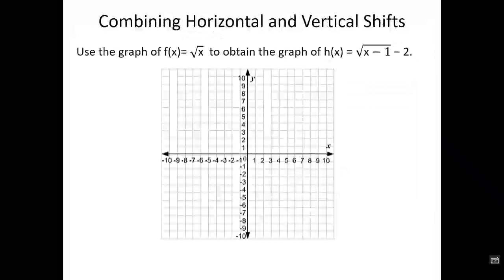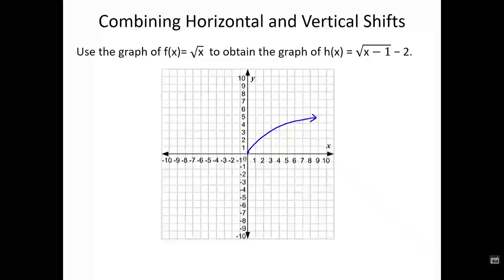In the next example, let's consider combining the two shifts, the horizontal and the vertical shift. So we have a graph where we will need to execute both a horizontal and a vertical shift. So of course, we're going to use the graph of the square root of x, and we know how to graph the square root of x. Here it is. We're going to use this graph to obtain the graph of h of x.